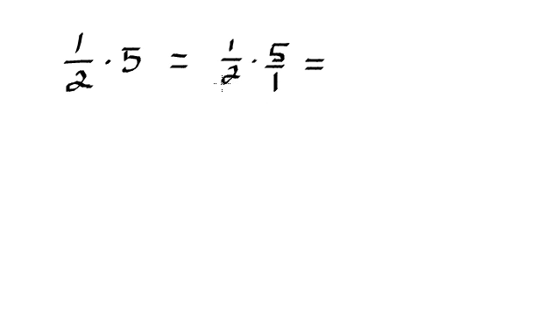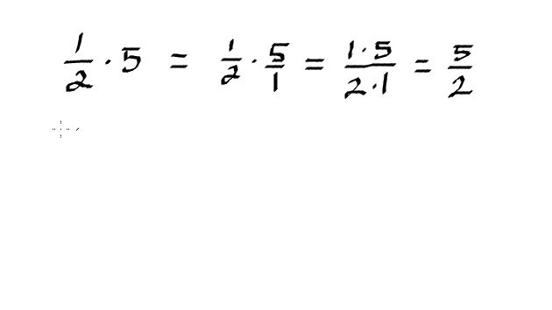Multiplication of rational numbers is a whole lot easier than adding them. You just simply multiply the numerators together, and you multiply the denominators together. And of course, I'm writing all these steps out step by step here. So 1 times 5 is 5, and 2 times 1 is 2.